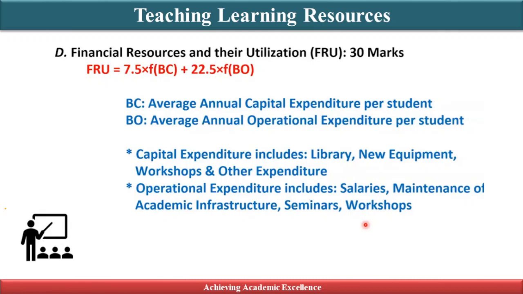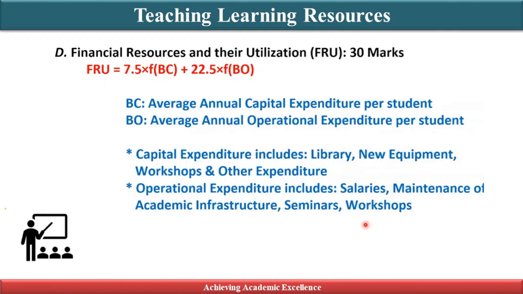Capital expenditure includes library, new equipment, workshops, and other expenditure. Operational expenditure includes salaries, maintenance of academic infrastructure, seminars and workshops.